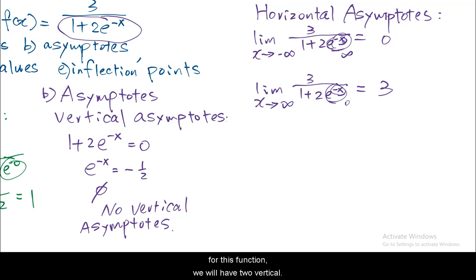So for this function, we have two horizontal asymptotes. One is y equals 0 as x goes to negative infinity, and the other is y equals 3 as x goes to infinity.